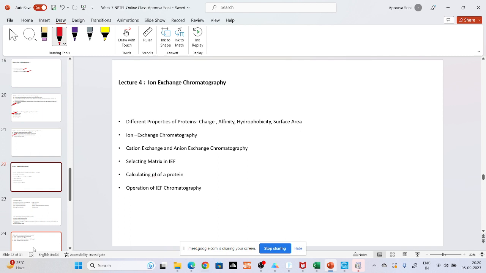Whereas in adsorption chromatography, the stationary phase is a solid matrix, and certain molecules get adsorbed on the matrix because of some kind of interactions, and other molecules that could not form interaction with the matrix are eluted out. So now we will first start with the first kind of adsorption chromatography, which is ion exchange chromatography.